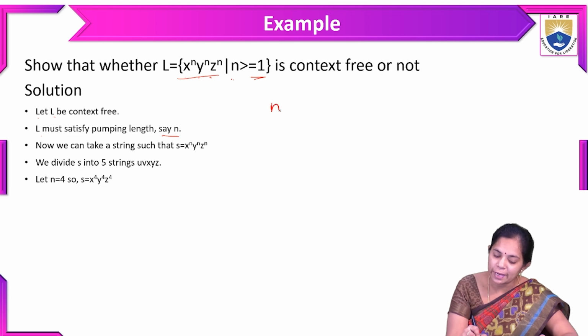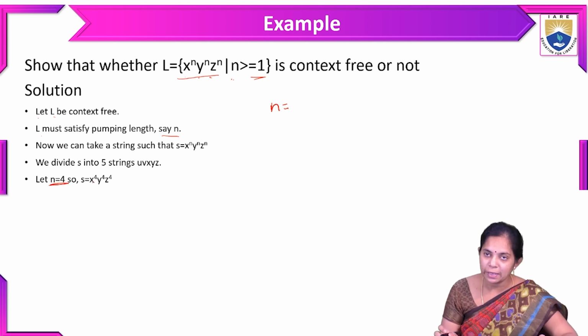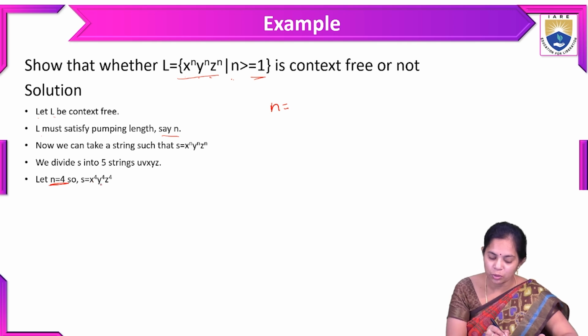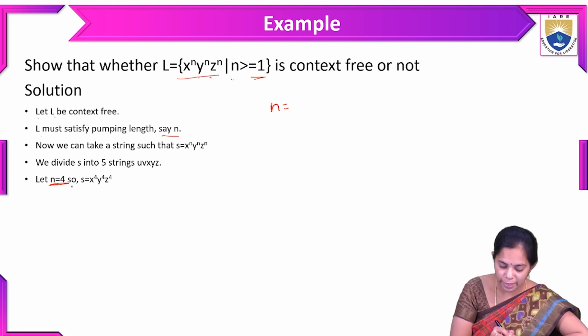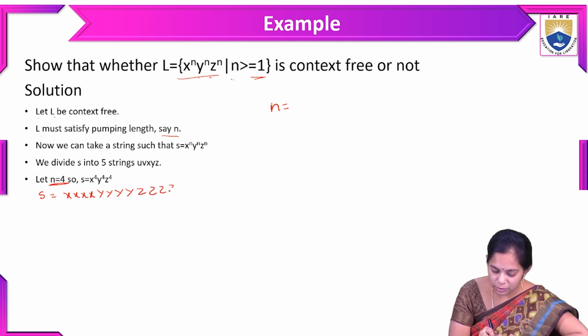With the pumping length N equal to 4, we will divide that string into 5 parts. So how do we have to look? Here S is the string taken from the language, where N is equal to 4: X, X, X, X, Y, Y, Y, Y, and Z, Z, Z, Z.